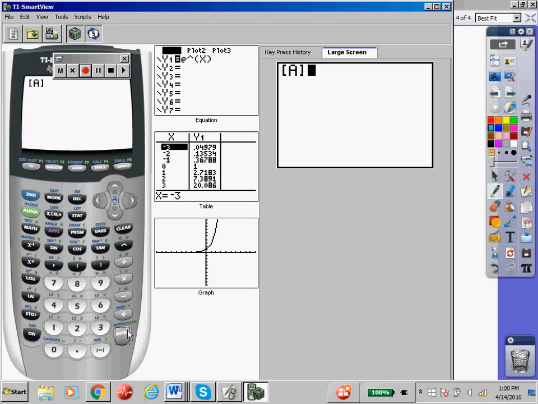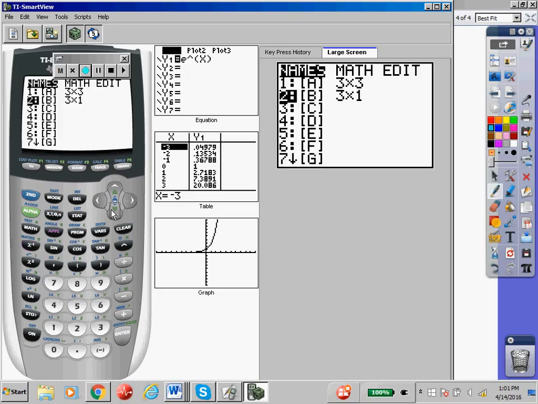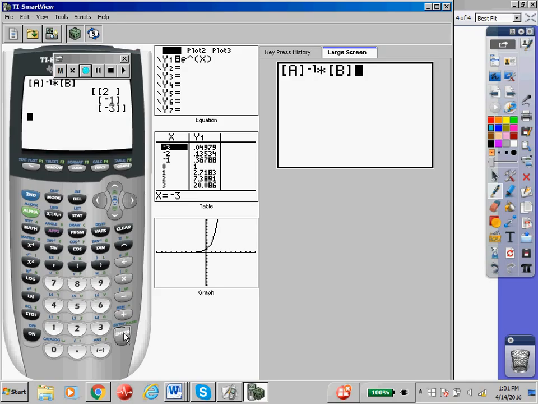Okay, we're not arrowing to edit, just under name, pull up matrix A, and we need A inverse. So you press the X inverse key. Again, that was second matrix, under A, under name, just press enter, X inverse times, and we're going to pull up matrix B. Second matrix, arrow down to B, and press enter, and enter.